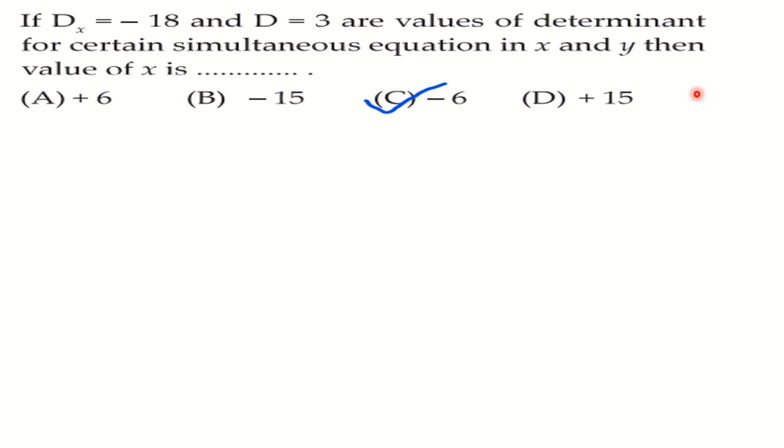And then what is Cramer's rule? x is equal to dx by d. Only two are provided, dx by d. So you have to divide. Minus 18 divided by 3, the answer is minus 6. Option number C is the correct option here.